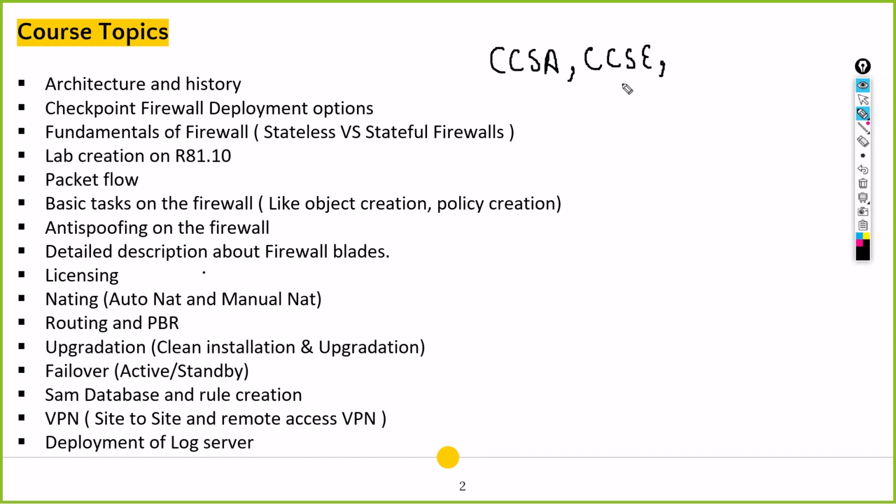Then they have performance features like CoreXL and SecureXL. If these things are not making sense to you as of now, no worries, because going through this course we'll first see what these features do, and what commands you actually need to know when you have to do troubleshooting.